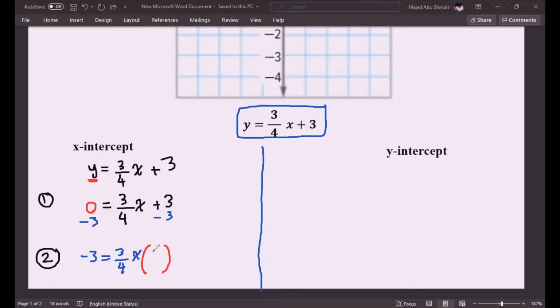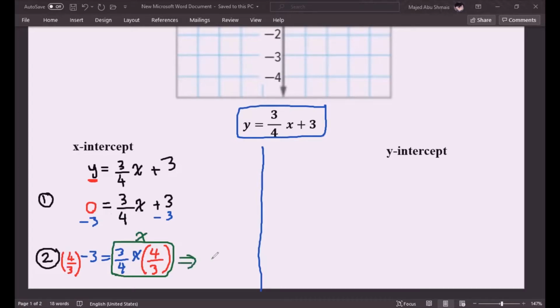So we multiply both sides of this equation by 4 over 3, the reciprocal of 3 over 4. When we multiply a number by its reciprocal, as here, the reciprocal of 3 over 4 is 4 over 3, the result will be equal to 1. So on this side of the equation, we are only left with x.